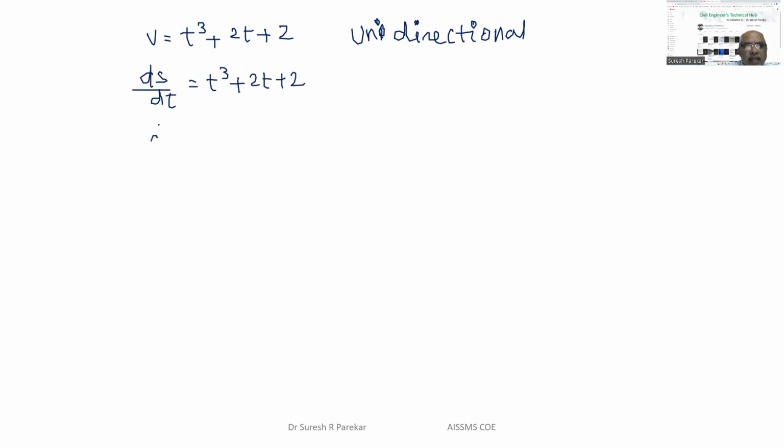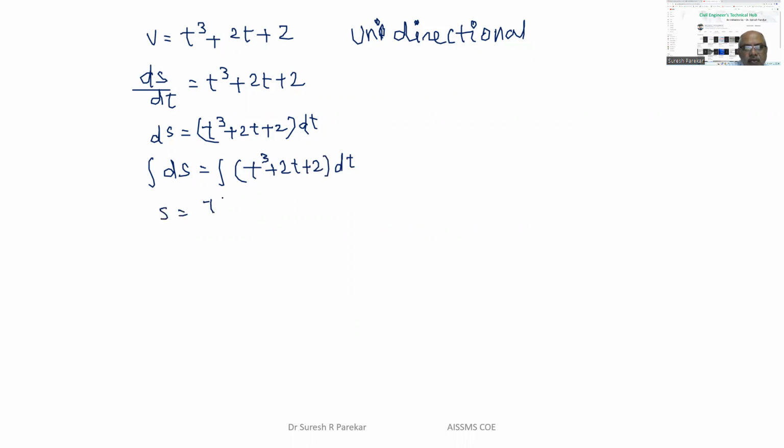Then you rearrange the terms. So we have t cube plus 2t plus 2 into dt. Then you integrate it. ds equal to integration t cube plus 2t plus 2 into dt. And then you integrate it. We have s equal to t4 upon 4 plus 2t square upon 2 plus 2t plus c2.